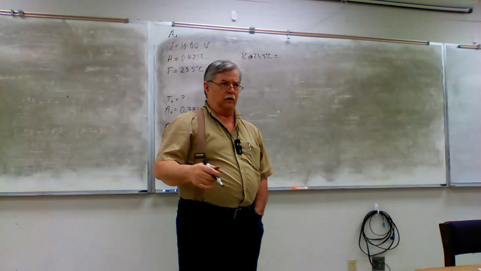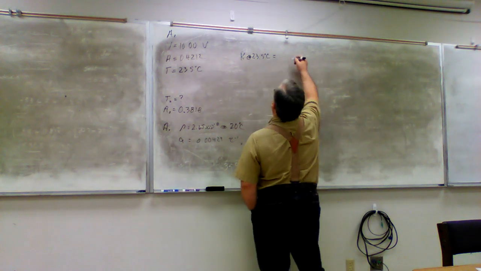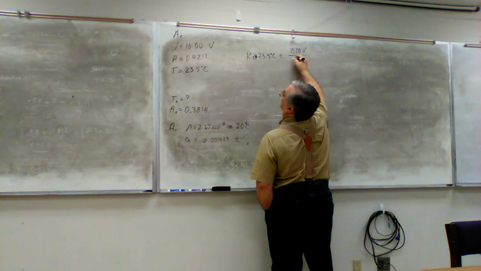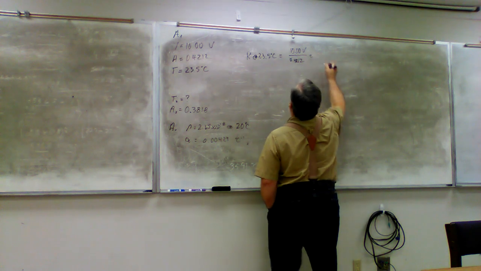I is E over R, so 10.00 volts divided by 0.4212 amps.